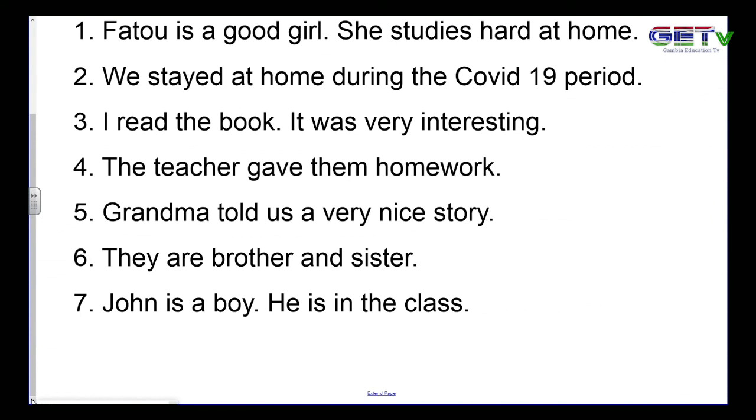4, the teacher gave them homework. What is the pronoun in that sentence?